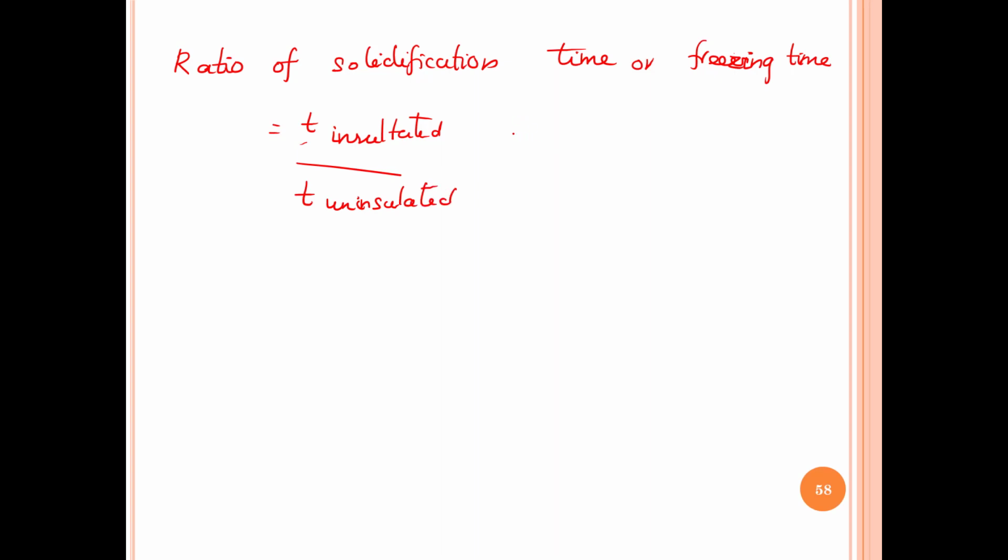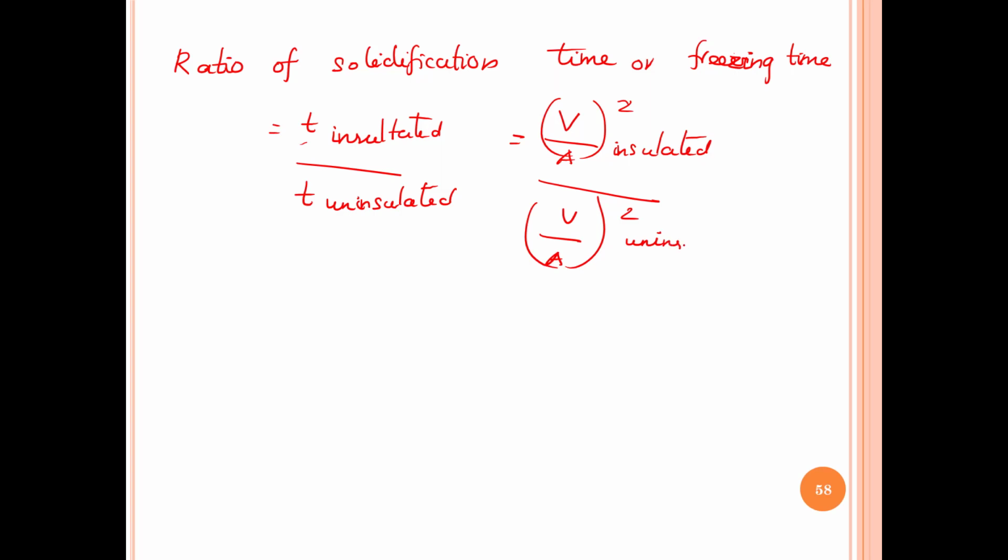For T we have the formula: volume of the casting divided by the surface area of the casting, that whole square. This is for the insulated case, divided by (V by A) whole square for the non-insulated case.